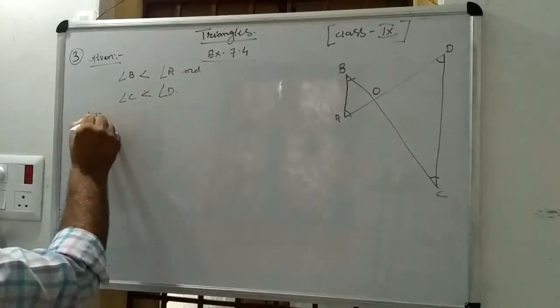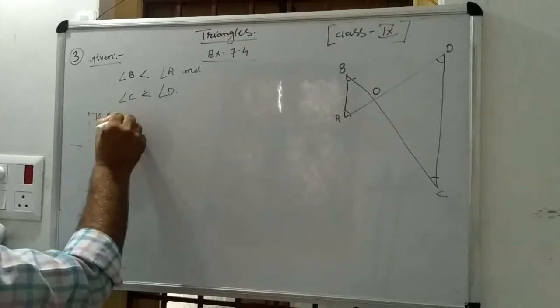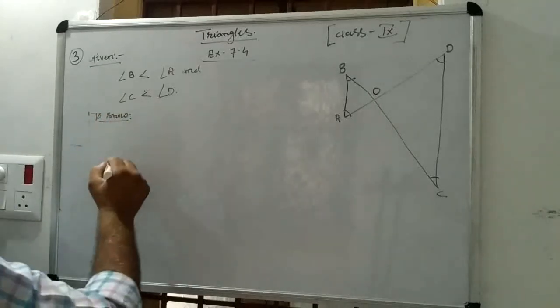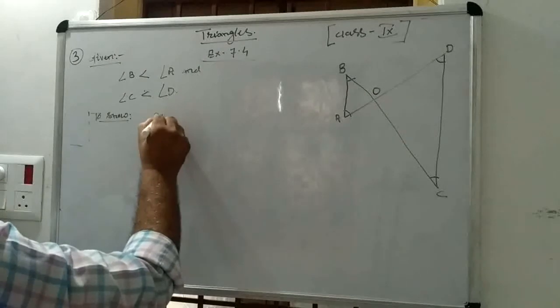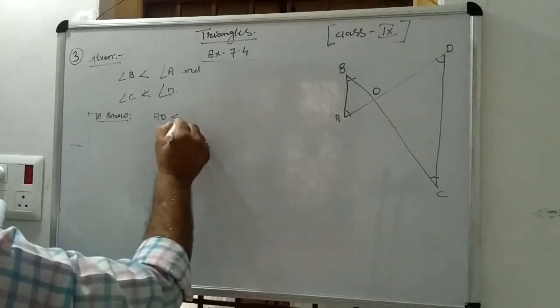Now, what to show? We need to show AD is smaller than BC.